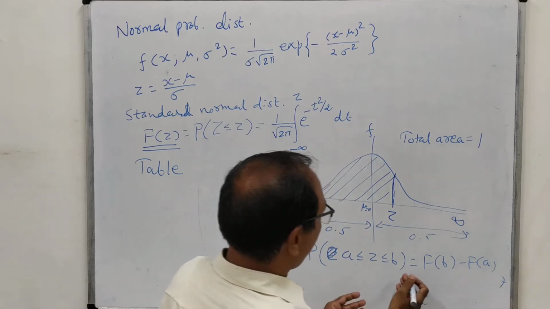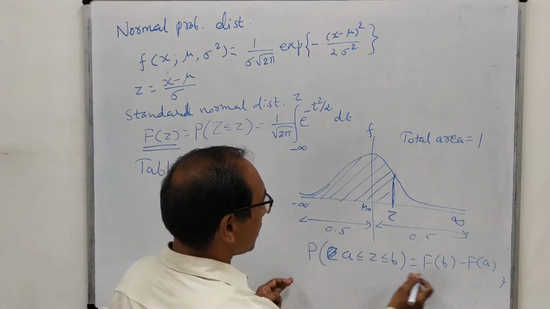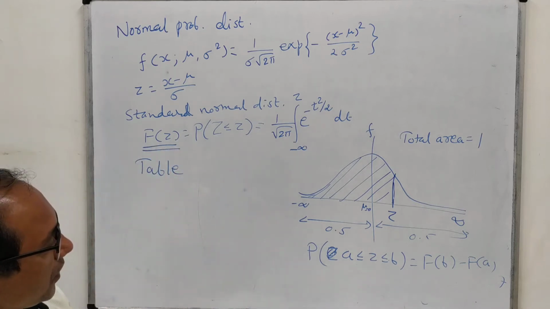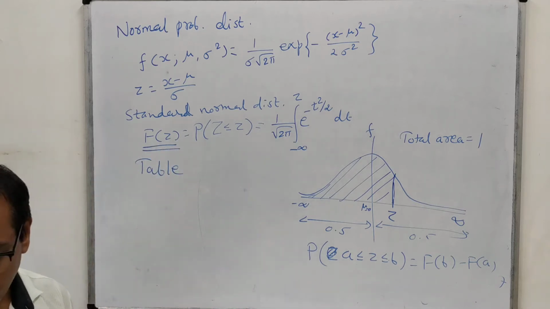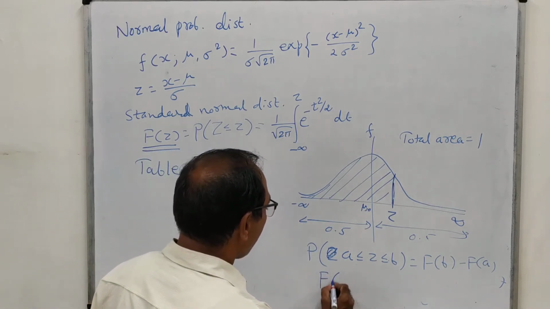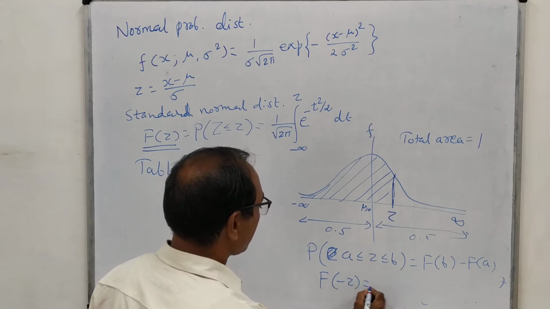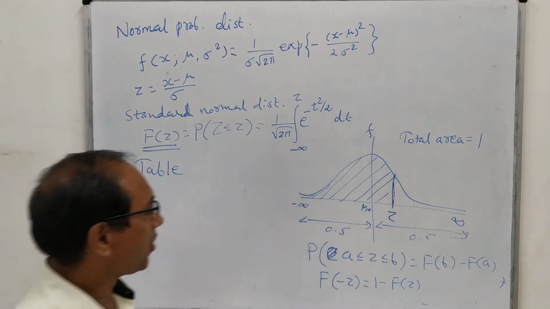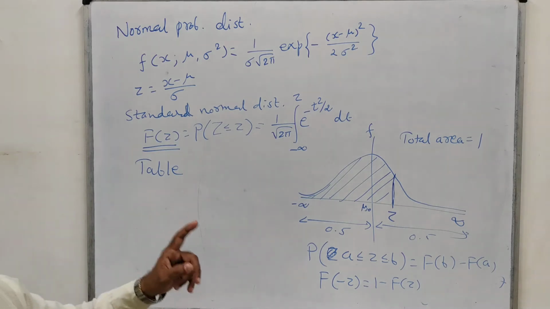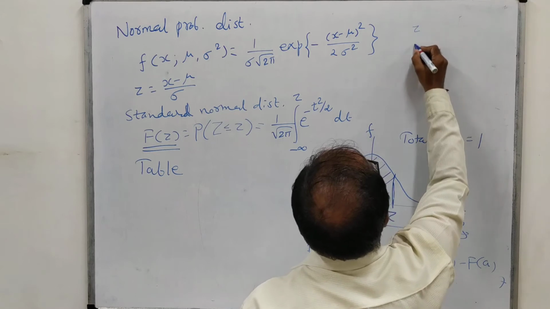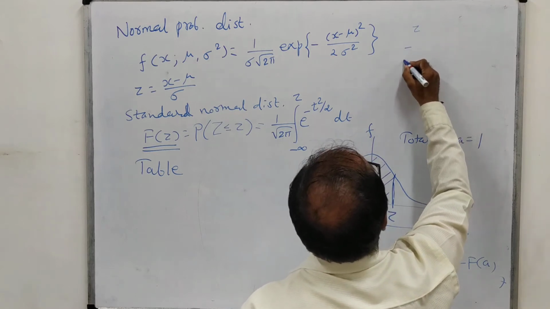That means the value from minus infinity to b minus the probability from minus infinity to a. So we can obtain this value very easily. And one more thing we have seen is that f of minus z is nothing but 1 minus f of z.